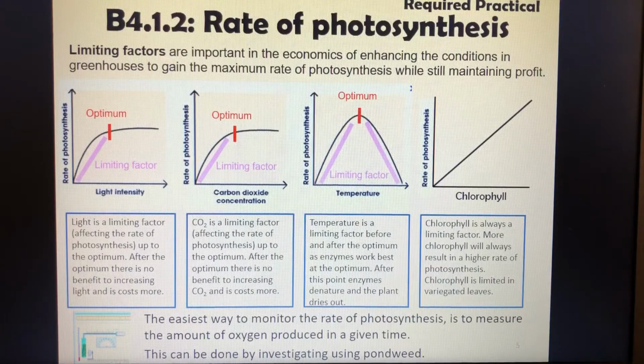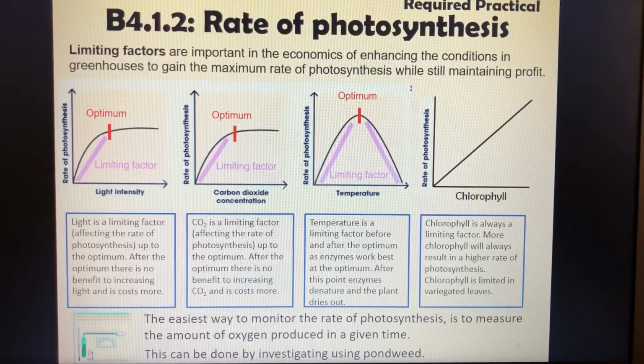So we went for 10 minutes and we looked at how much oxygen had been produced in that time. We used pondweed because that lives underwater and we could see that oxygen coming off of the pondweed. You could alternatively, and I've seen this in exam questions, count the bubbles of oxygen produced in say 30 seconds or a minute. And that would be slightly different from collecting the oxygen in a syringe, but it would do exactly the same job.